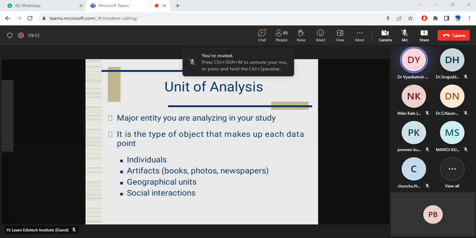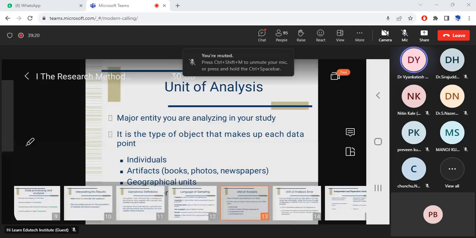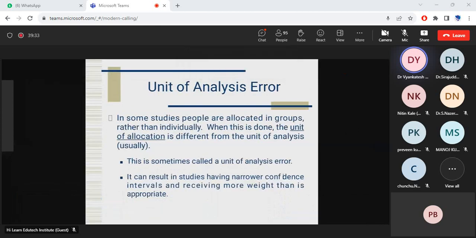Okay, next, independent and dependent variables. Here we are again focusing on dependent and independent variables. The independent variable is what is manipulated, a treatment of a problem or a program, a cause or a factor.